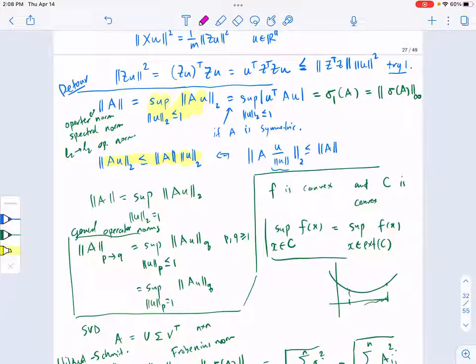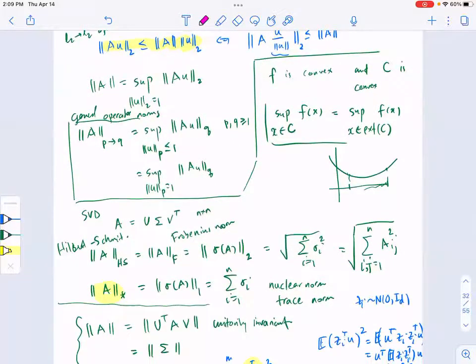I just want to remind you that we had an operator norm, which is defined like this: the maximum of the norm of Au, where the norm of u is bounded by 1.